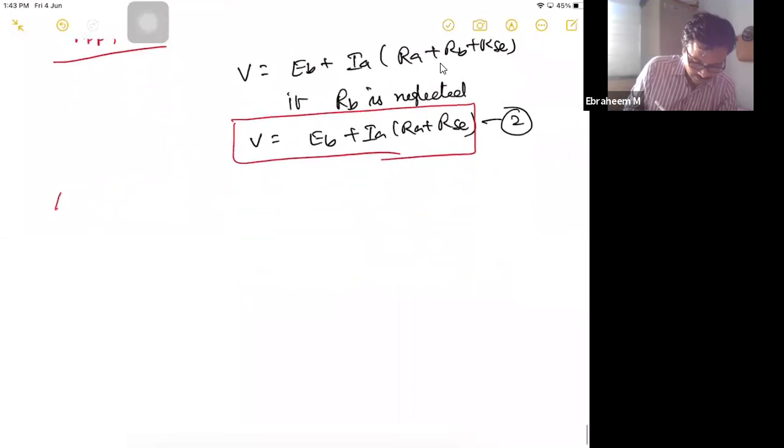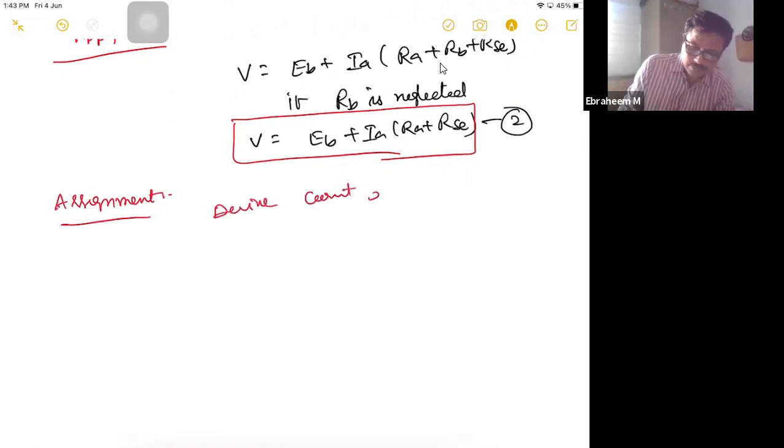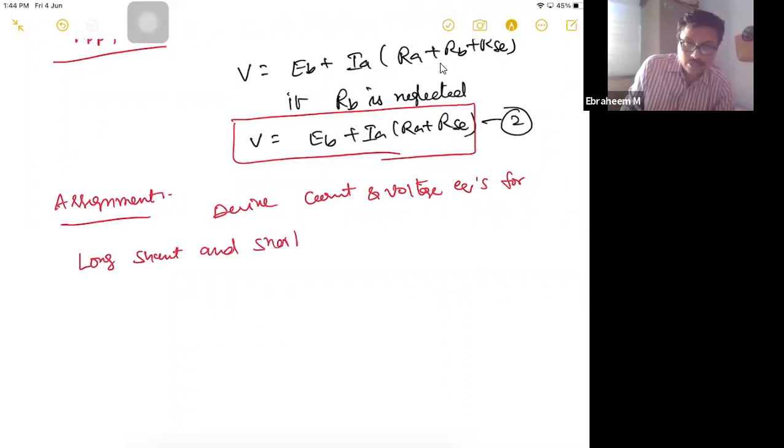Now the assignment is to derive the current equation and voltage equations for long shunt and short shunt motors, and upload it in the folder provided in the Moodle.